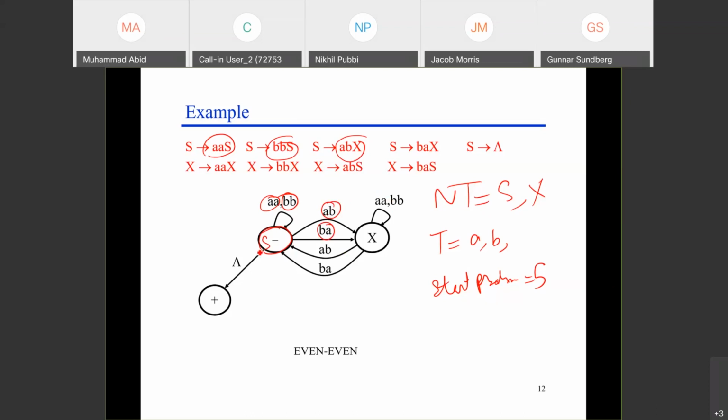S can be lambda, so we draw another final state here, and this is lambda. Then for X, we have AAX, BBX, AB from this side to S, ABS and BAS. Look at this one. We completely draw all the possible production rules, and this will give us this machine.